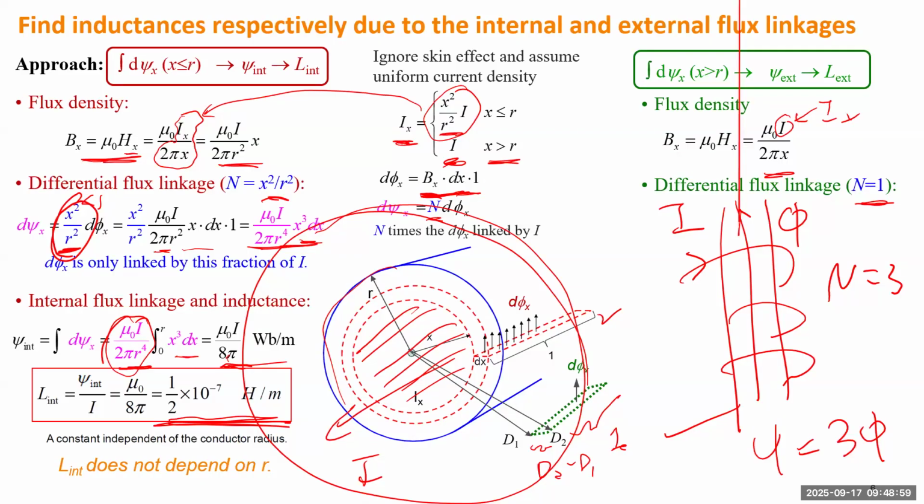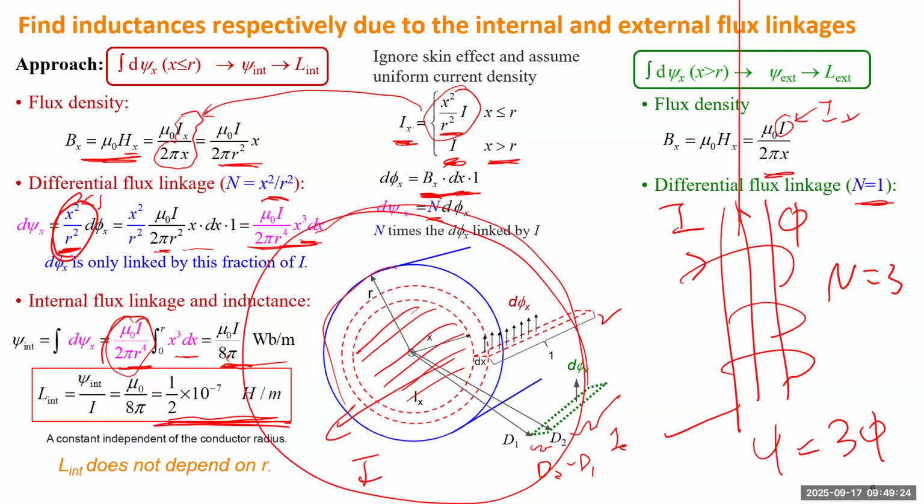Phi means how much flux you have inside this leg, and this is where the conductor has 3 turns, which means this current is coupled with this phi 3 times. So flux linkage evaluates the linkage between the current and the flux. So there would be 3 times phi.